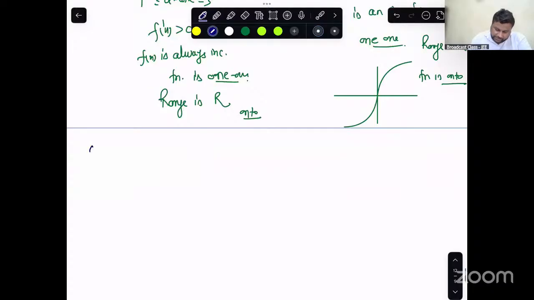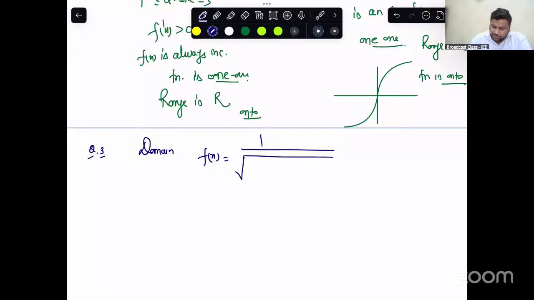Now, next question. Find domain of fx equals to 1 upon under root of greatest integer of x square minus greatest integer x minus 6. Yes. Tell me, what is the domain?